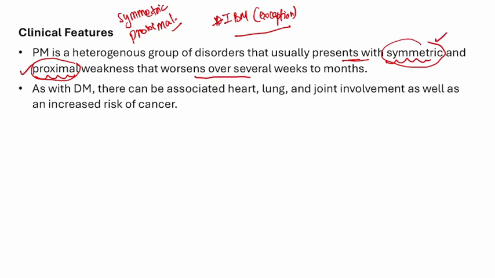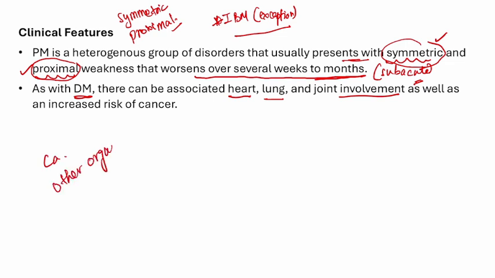That worsens over several weeks to months, means it is a subacute kind of presentation. As with dermatomyositis, there can be heart, lung, and joint involvement. As we discussed, in dermatomyositis we have risk of cancer and other organ involvement. Most important was ILD, lung involvement.